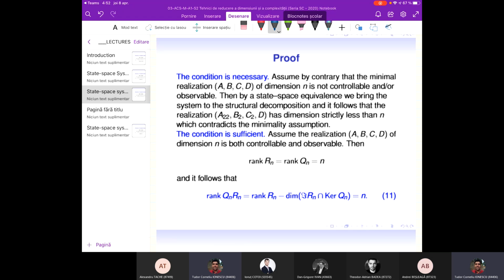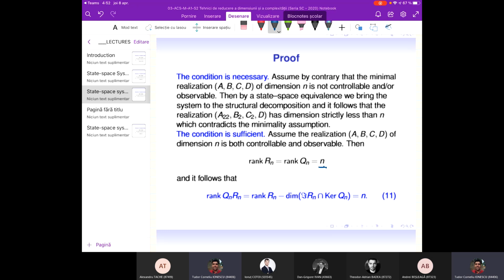Okay, so they are the same thing. The condition is also sufficient. Now this is a bit more difficult. So it's sufficient that the system is controllable and observable, so it is minimal. Assume the realization of dimension n is both controllable and observable. Then the controllability and observability matrices of the system have rank n in n steps.